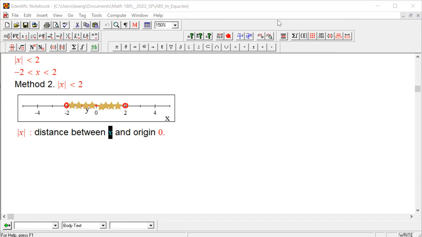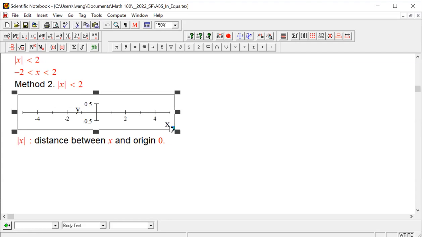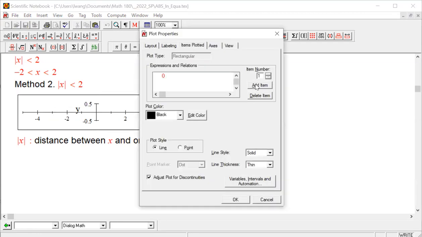So with that, I'm also going to draw the graph. This graph is very similar to the picture we drew earlier. I'm going to put a red dot, but it's a circle, and everything in between.